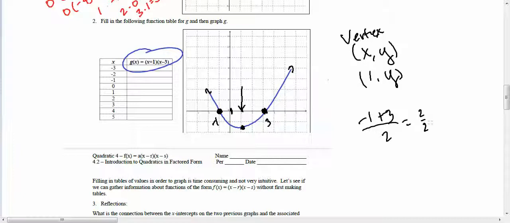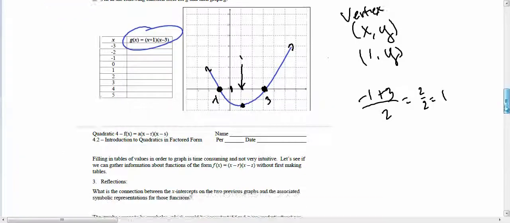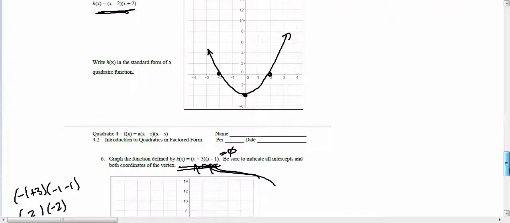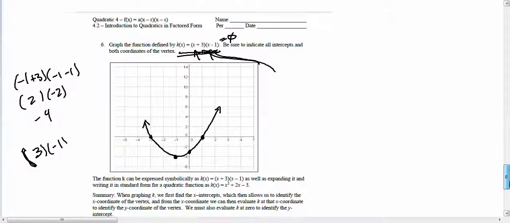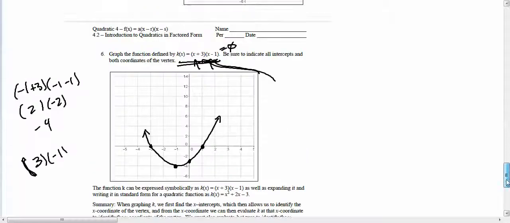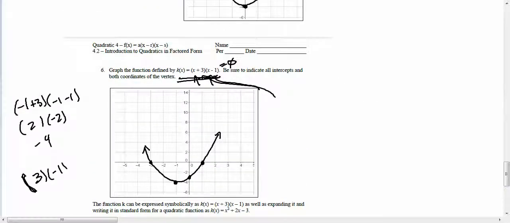What's 2 divided by 2? 1. Hence, the vertex being at 1, which is what we described. Are we cool with that? Do you guys see how this works? Yes, you need 3 points to find a vertex, to figure out what the vertex is. We cool? All right. Let me stop this one, and then we will graph this.